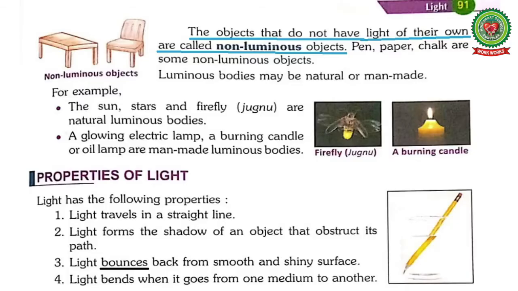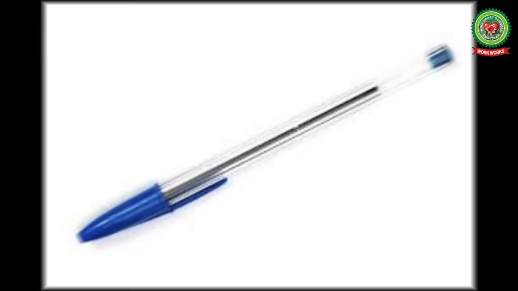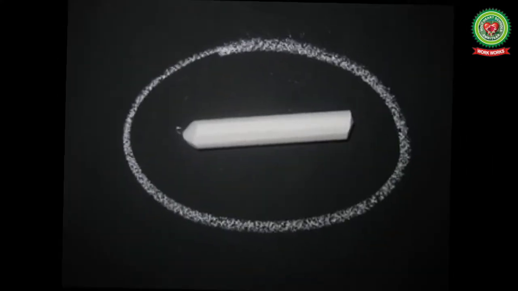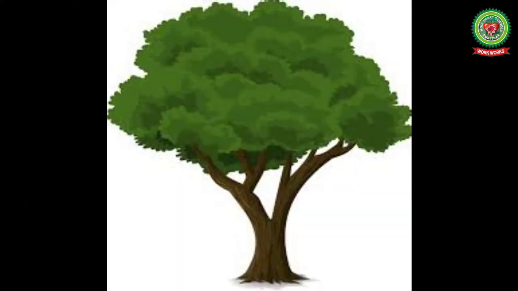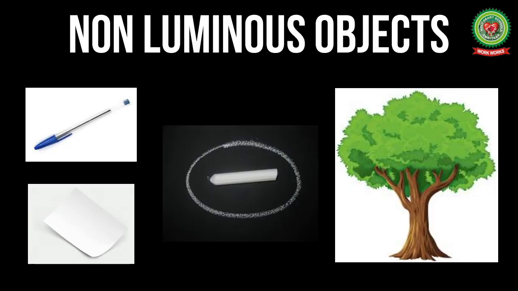The objects that do not have light of their own are called non-luminous objects. Students, mark the definition of non-luminous objects in your book. The examples of non-luminous objects are pen, paper, chalk and tree.